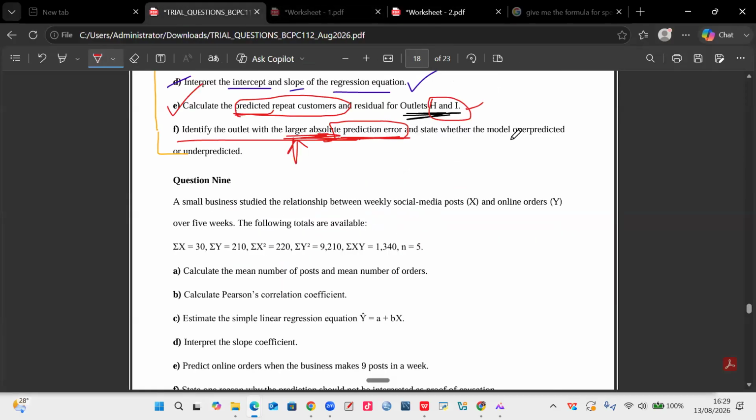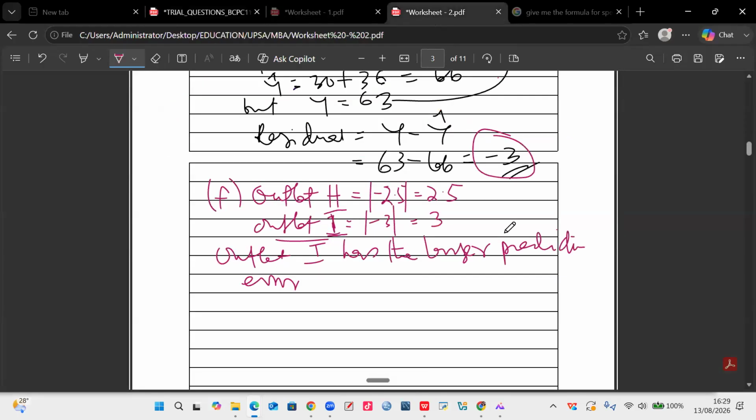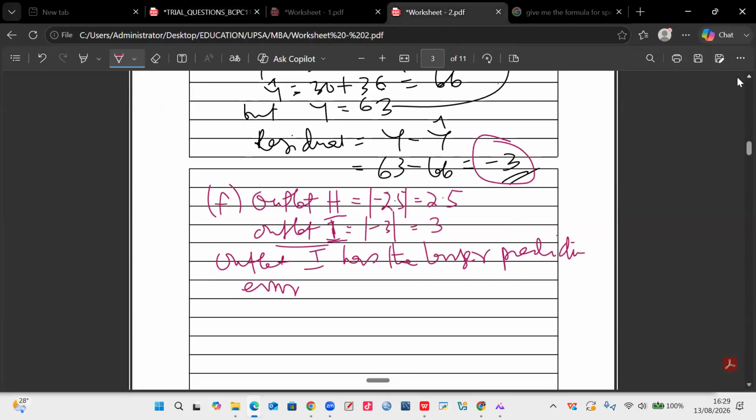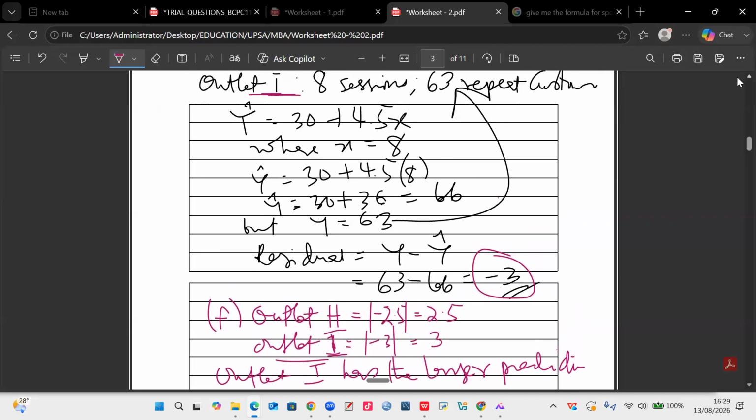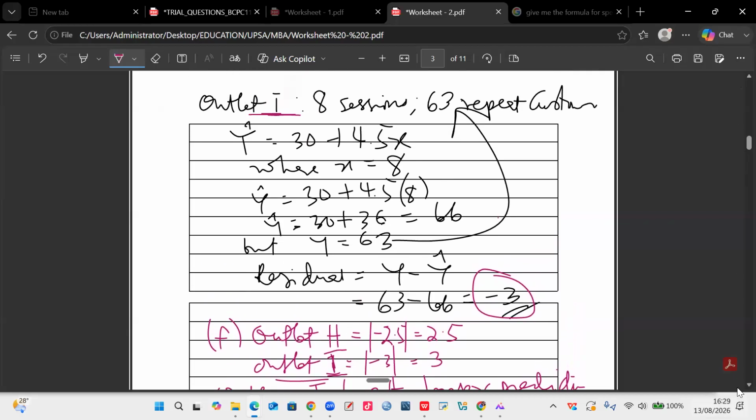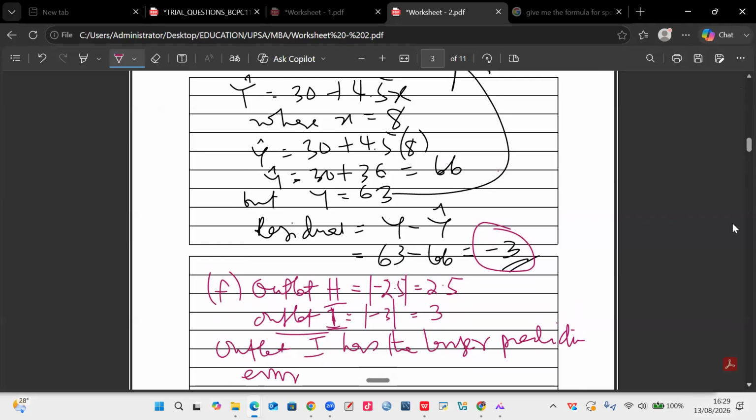Yeah. And state whether the model over predicted or under predicted. So look at the model for the one with the larger prediction error, was it over predicted or under predicted?